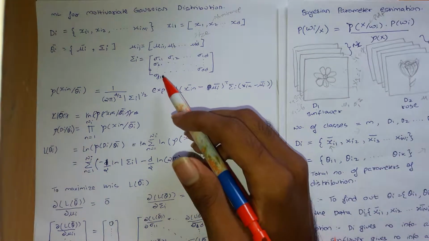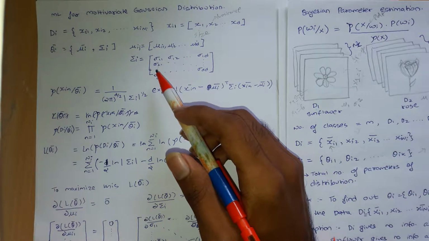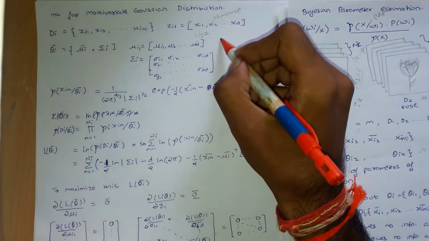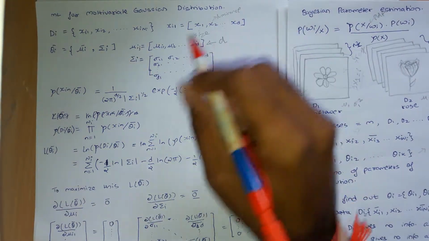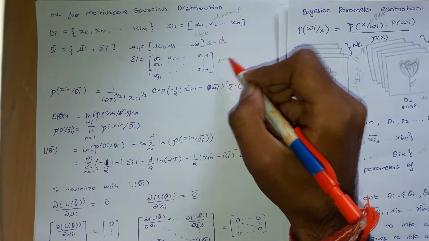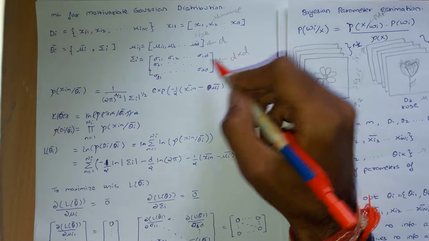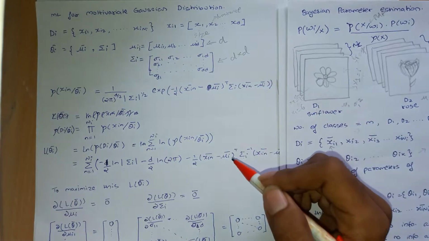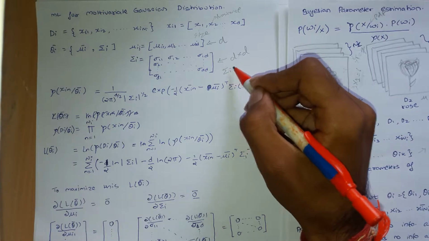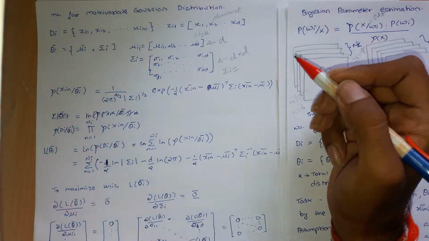Note that here you don't have to calculate just two parameters, but d parameters for the mu, that is the d means that you get, and d into d, that is d square, parameters for the matrix. But if you look closely, this sigma i is always a symmetric matrix.